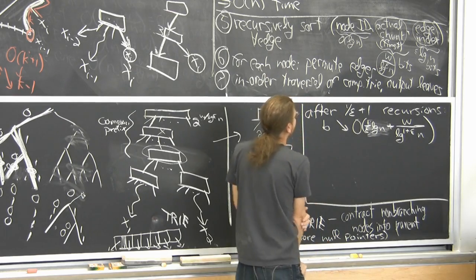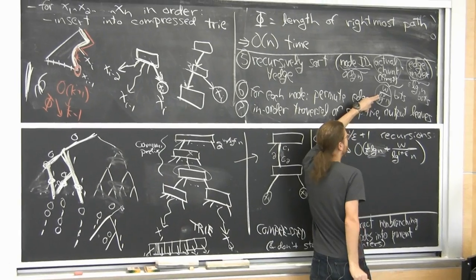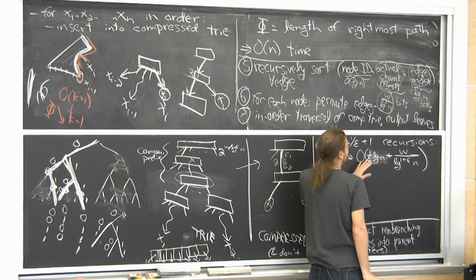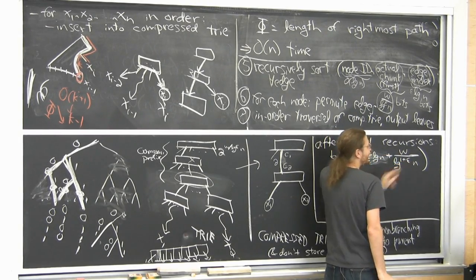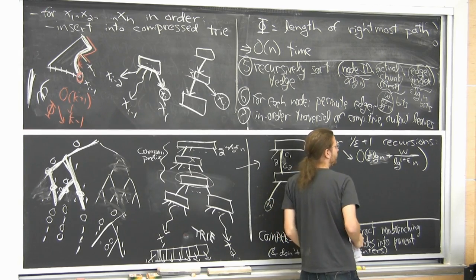Right? If we take w and every time we divide by log to the epsilon n, then after 1 over epsilon times, we have divided by log n. Get rid of the epsilon. Do it one more time. We get w divided by log to the 1 plus epsilon n. Okay? And at this point, we're in good shape.